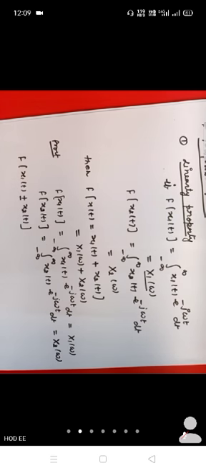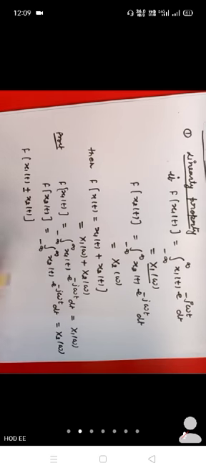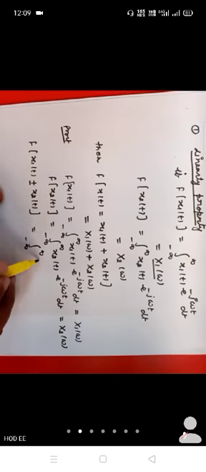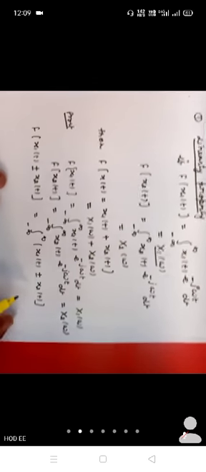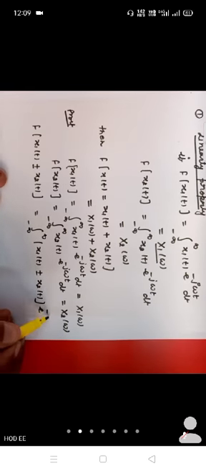Plus minus means either you are adding the signals or subtracting them. It will be equal to the integral from minus infinity to infinity of x1(t) plus minus x2(t), the composite signal, times e raised to the power minus j omega t dt.